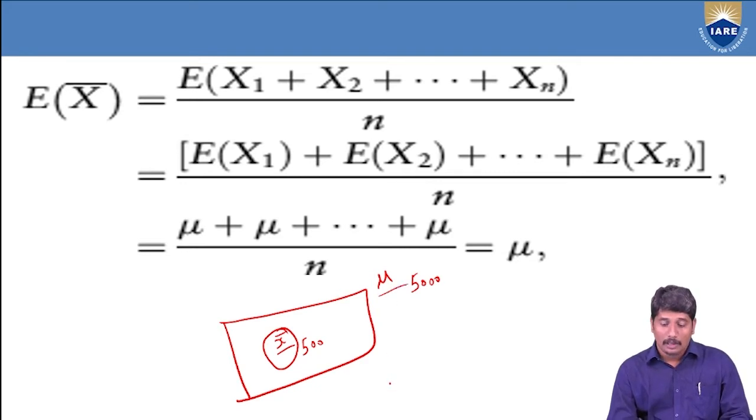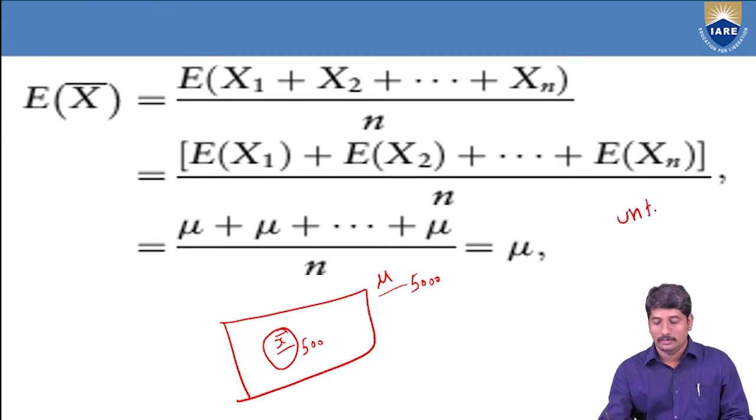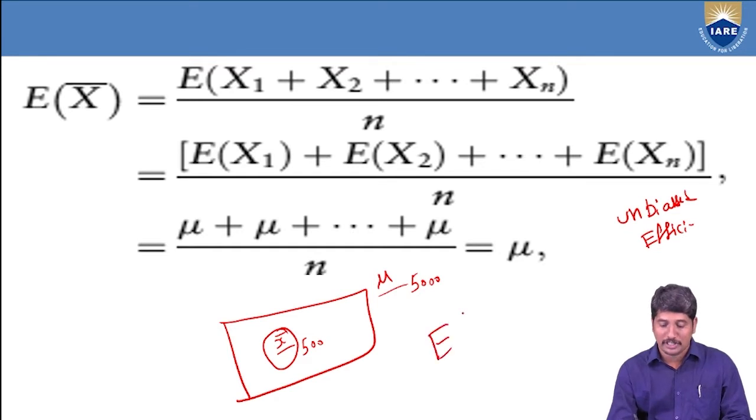As I said in the last class, there are two important qualities that an estimator should possess in order to be called the best estimator: unbiasedness and efficiency.